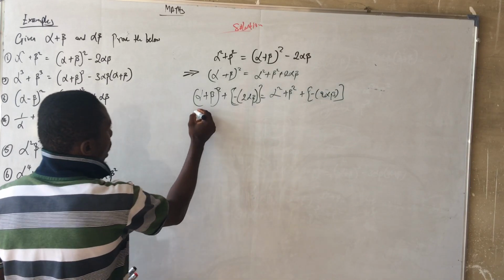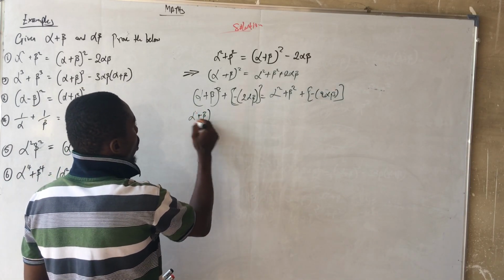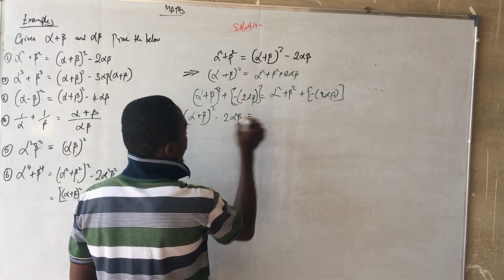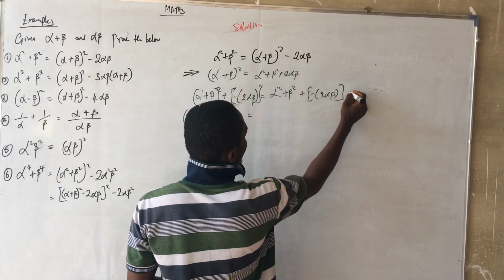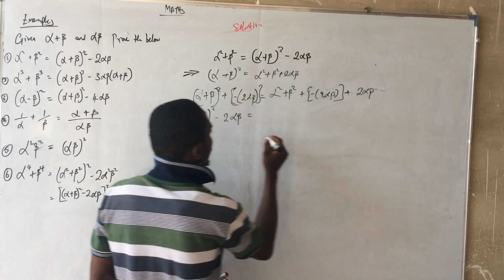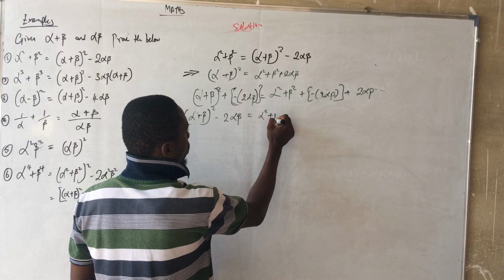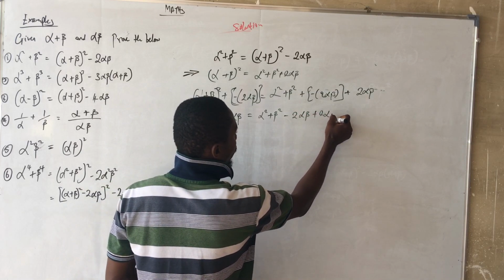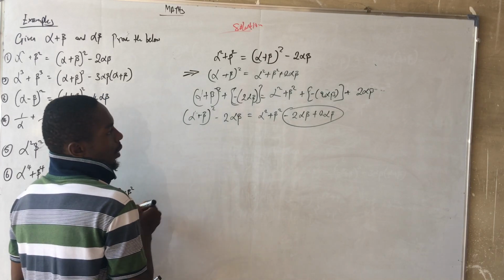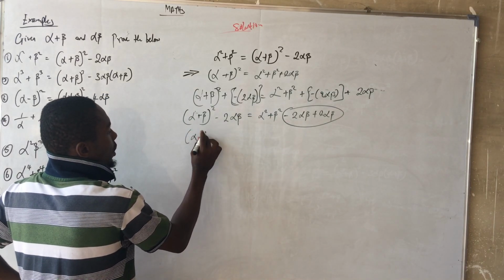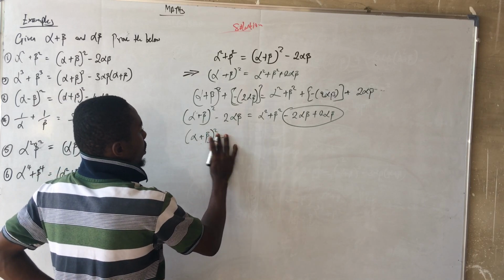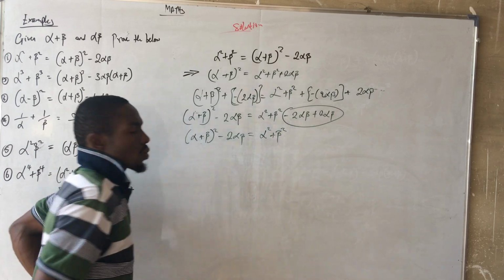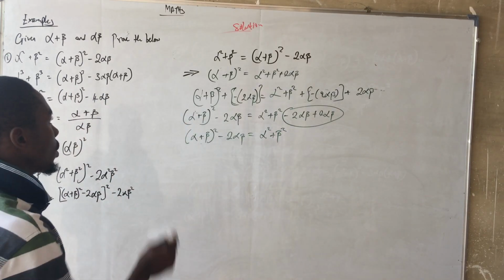So now I open the bracket, I have alpha plus beta all square minus 2 alpha beta is equal to alpha square plus beta square minus 2 alpha beta plus 2 alpha beta. So now this is going to take care of this. I now have that alpha plus beta all square minus 2 alpha beta is equal to alpha square plus beta square. So now this is proving from this side.